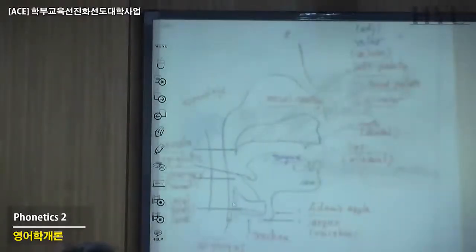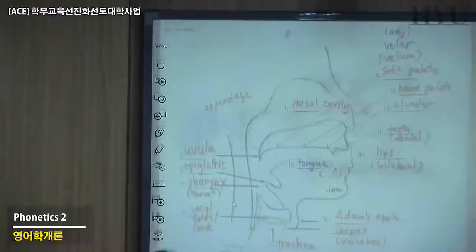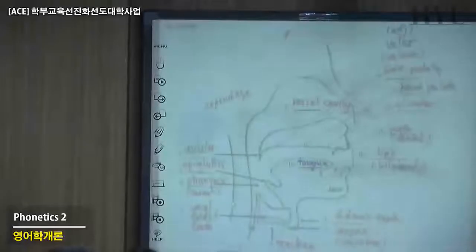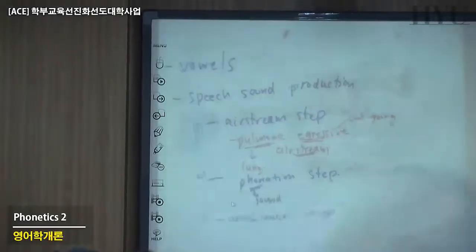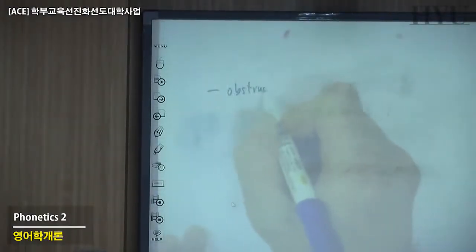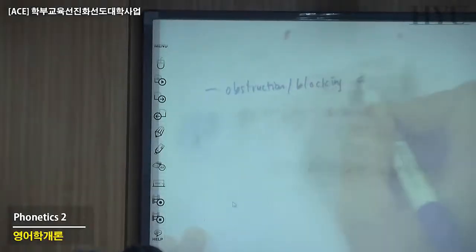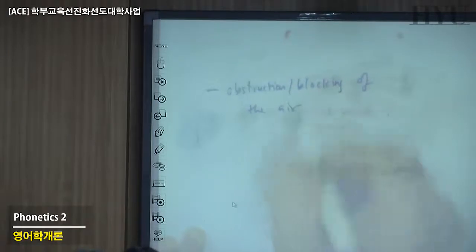And last time we also looked at consonant sounds, right? How you produce consonant sounds, how you articulate consonant sounds. And we say that for all consonant sounds, they involve some kind of obstruction or blocking of the air. That's from last time, right?